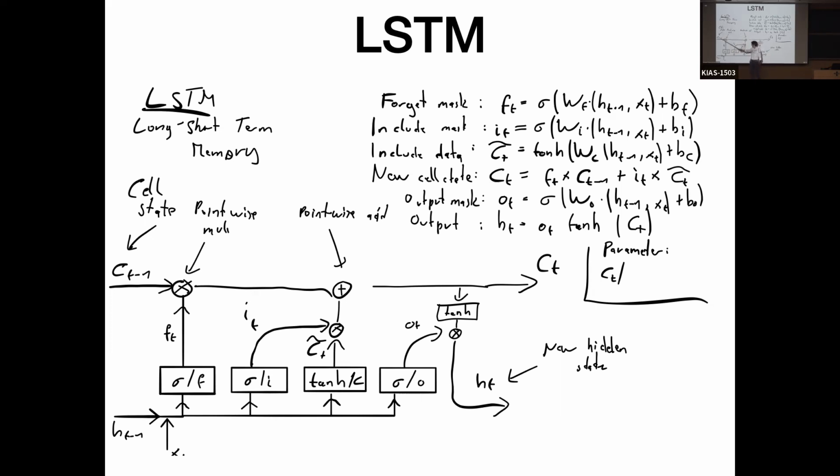If this vector had a 0 in a specific place, and you multiply an element of the cell state vector with a 0, you've forgotten it. If it had a 1 in that place, you've kept it. If it has something in between, you've half forgotten and half remembered it.